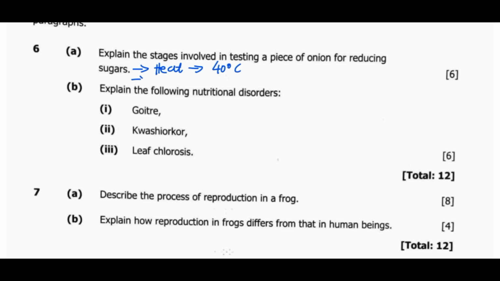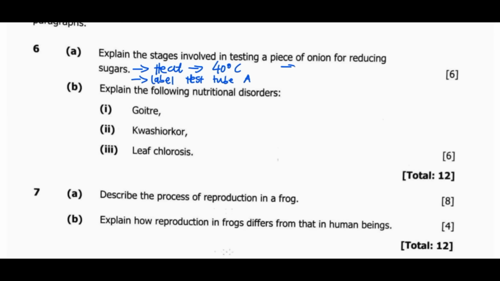Then after this, it depends on the way an experiment is done, but if you want, you can label the test tube according to the amount of the food substance that you are trying to test. So label the test tube A with the content that you are trying to test.